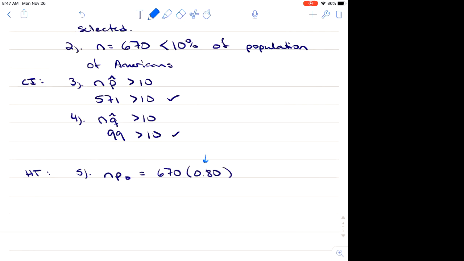The reason for that is that we want to test the null hypothesis that p is 0.80. Right. Yeah, so n p hat is the number of successes and n q hat is the number of failures.